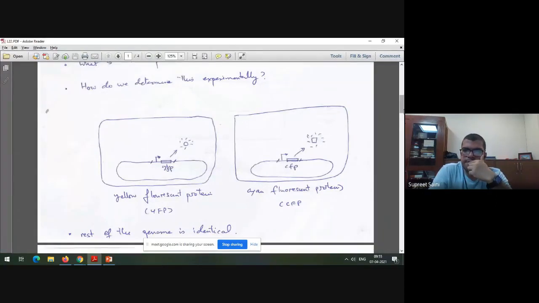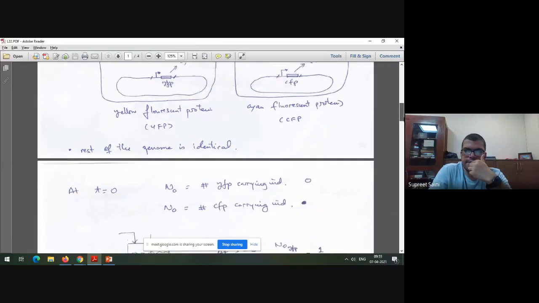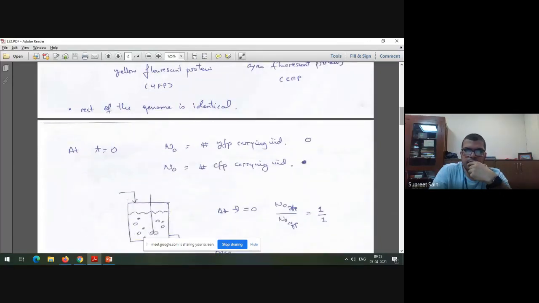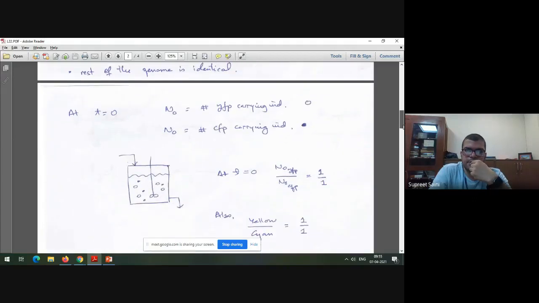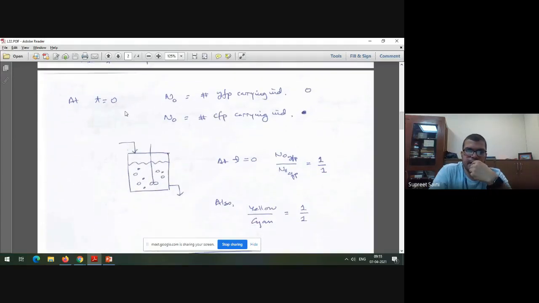So next, what they did is, I think, really cool. Again, I am a big fan of this paper. So they do the following: at t equal to 0, they take a chemostat, and to start things off, they put an equal number of the YFP carrying individuals, which are open circles, and an equal number of CFP carrying individuals, which are these closed circles.